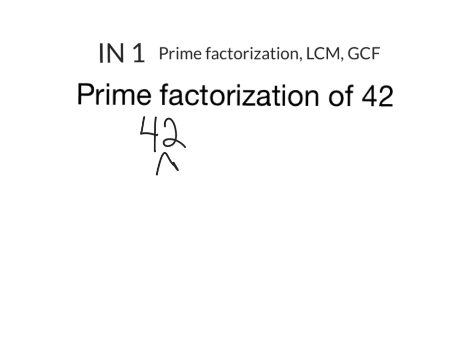So breaking 42 down, 42 is 6 times 7 is one way of doing that. If you did something else, as long as it multiplies together to get 42, you're okay. The 6 can be broken down as 3 times 2.